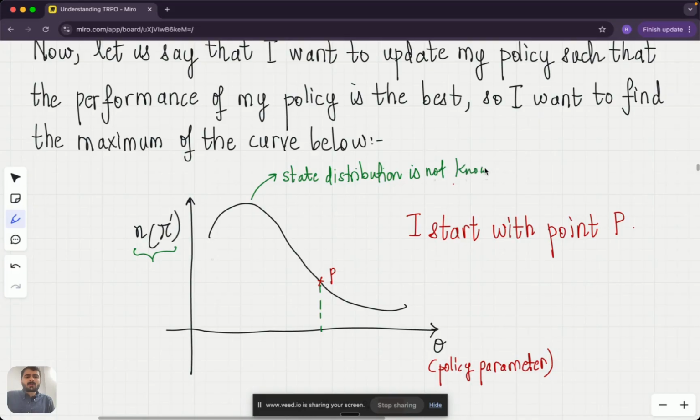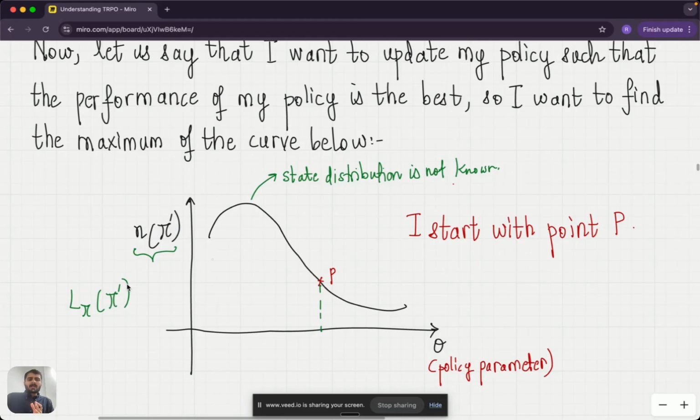Since the state distribution is not known, we do not know this function n of pi dash. But let us do our best. Let us replace the state distribution of the new policy with the state distribution of the old policy and construct a surrogate objective function denoted by L of pi dash, which is the same expression we had looked at mathematically, but right now we are trying to build an intuition.